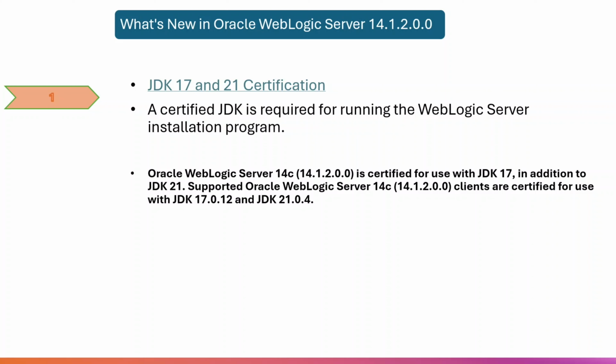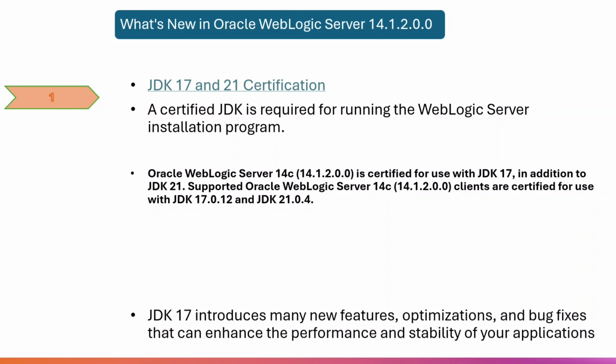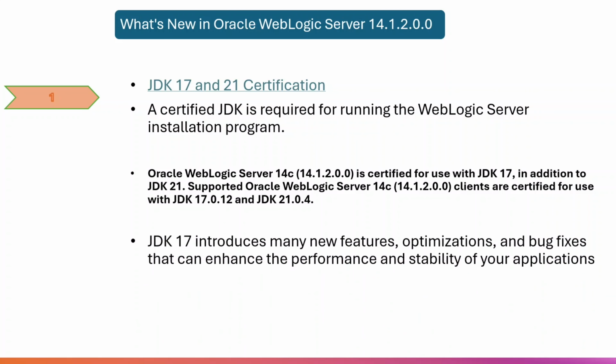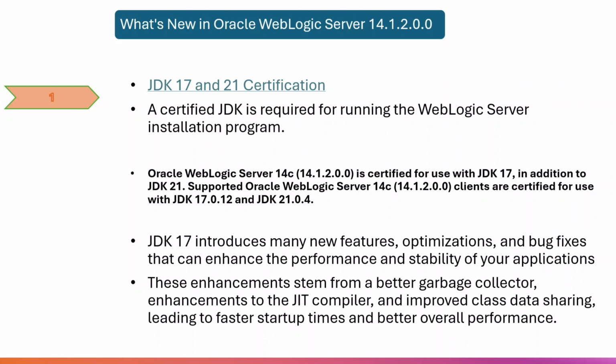JDK 17 and 21 are officially certified and supported versions for the new version of WebLogic. JDK 17 introduces many new features in terms of optimizations and bug fixes that enhance the performance and stability of our applications.